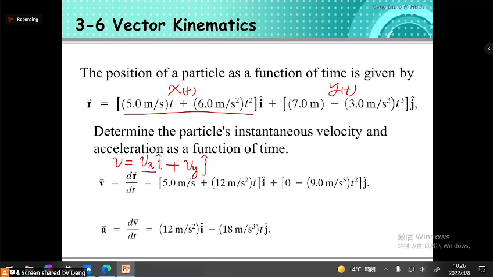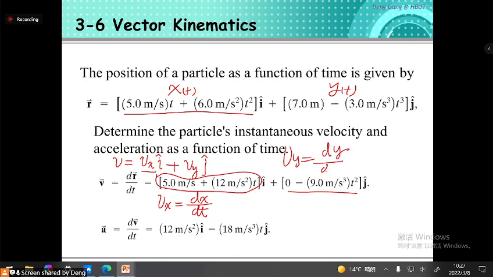When we use the component form, each component is a 1-dimensional problem. So vx should be equal to dx over dt. You substitute x into here, and you will get this part. And this is the y component: vy should be equal to dy over dt. The y is this part, you substitute it into here, and you will get this part.